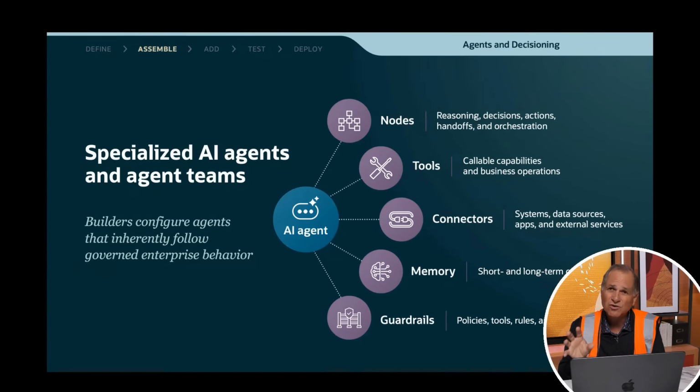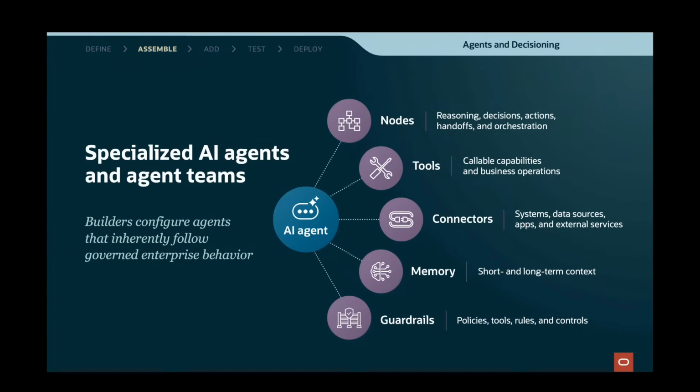We have all the tools that are available for you, so you get access to read, write, update, not only data and access to Fusion business objects, but external business objects as well. You can connect to any external REST endpoint outside of our system. We also have connectors. So if you need to grab data, unstructured or structured data from other systems, you can do that and use that as context in an agentic application.